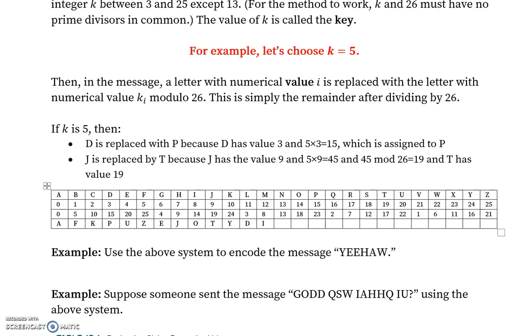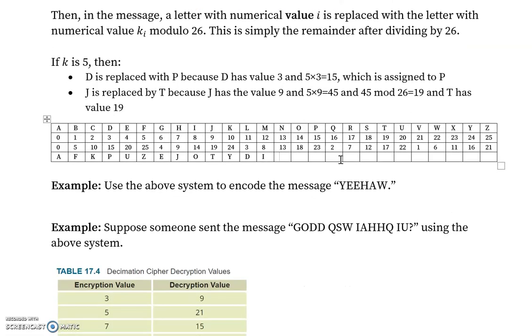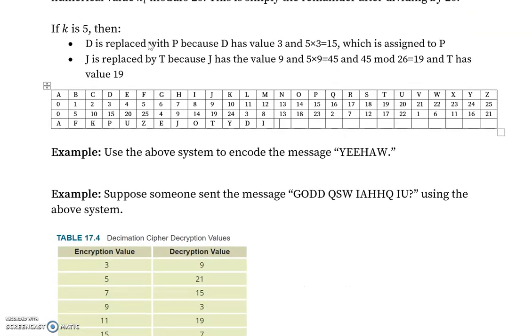All right, so we keep going through this, and I'm going to pause here and just say, okay, I'll figure out the ones I need for what I'm encoding here. So we want to use this to encode the message yeehaw. So the ones that I need for sure would be Y, E I've already done, H, A, and W. So I'm just going to say, yeah, I don't really need to do more work than is necessary, but again, it's not that hard to fill these out.